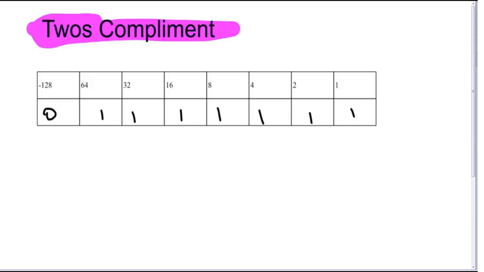Now, what's really important is, if this is switched on, what we're saying is, to this 127, we need to add a 1, which leaves us with a minus 1. And if I wanted to make a minus 128, all I need to do is take all of these ones out and pop in zeros all the way across.